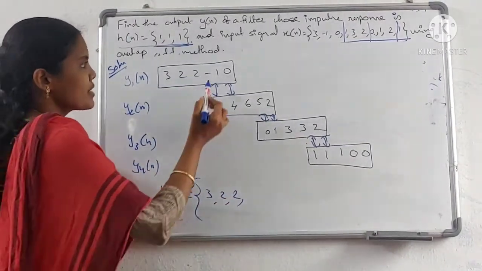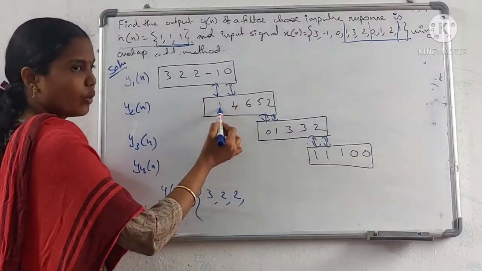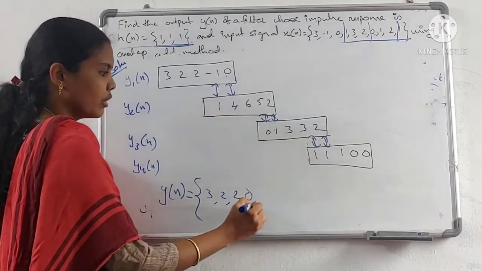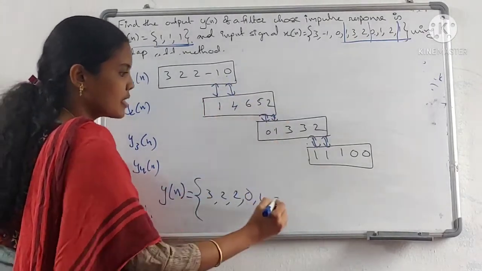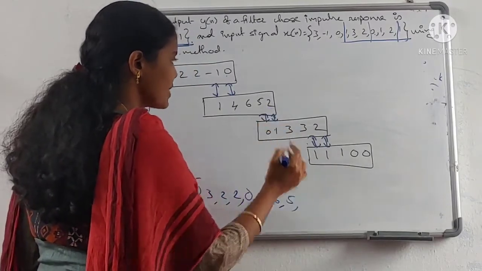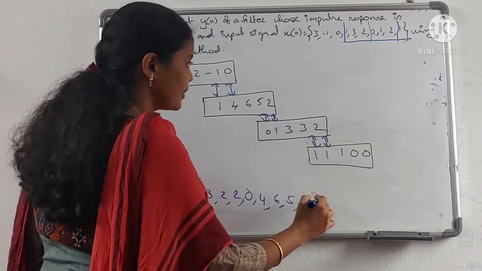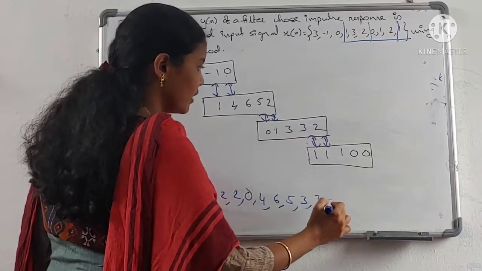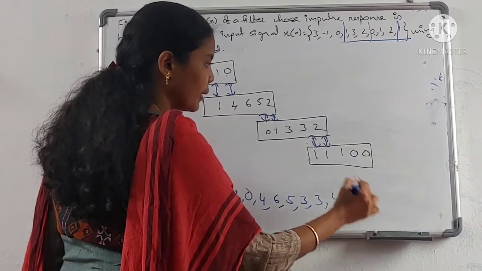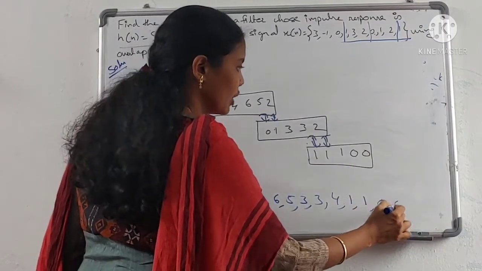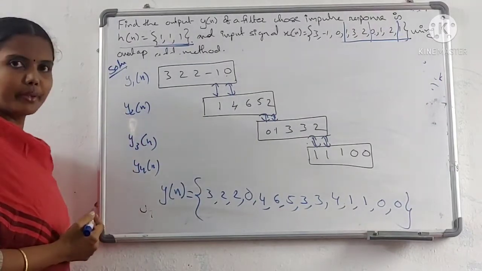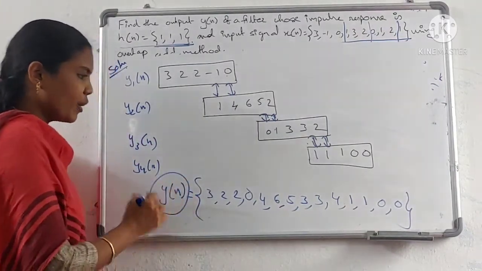Next, minus 1 is added to 1, giving 0, and 0 is added to 4, giving 4. The remaining values are 6, 5, then 2 plus 1 is 3, 3 plus 1 is 4, 2 plus 1 is 1, and the remaining values are 1, 0, 0. So this is the overlap add method, giving the total output y of n.